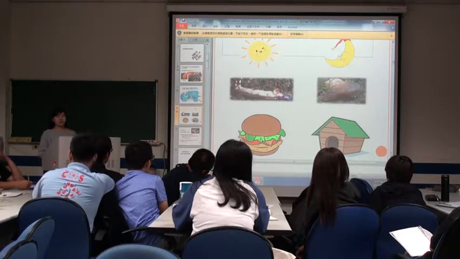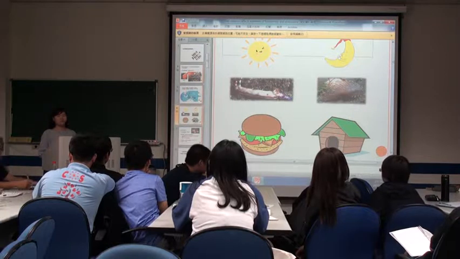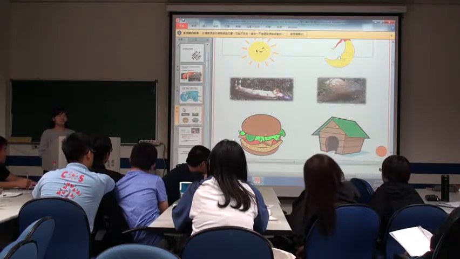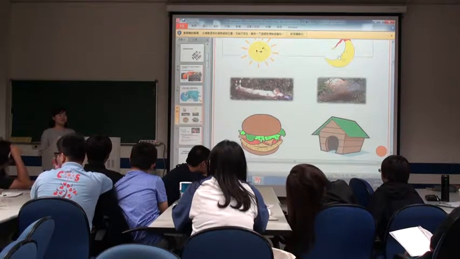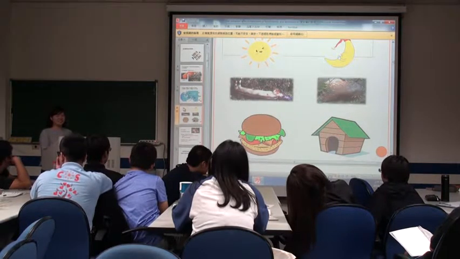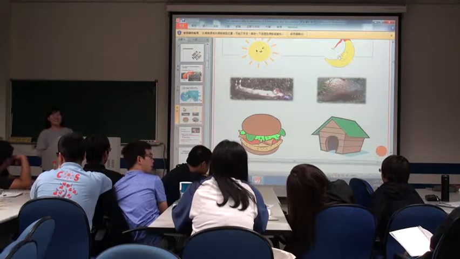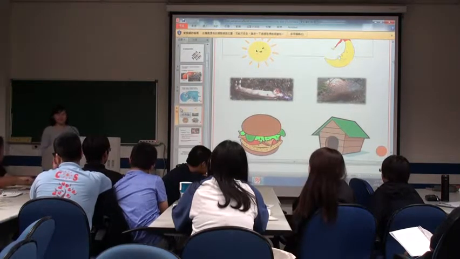Why would they choose to appear at night? The paper didn't mention it, but I think just like a human, why we are active in the daytime. Okay. Yes. All right. Next time.